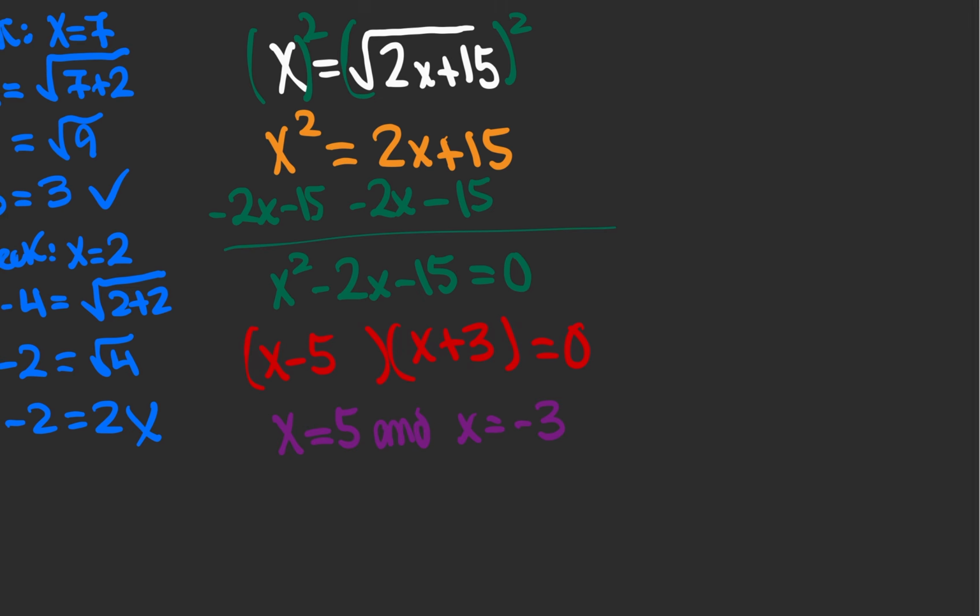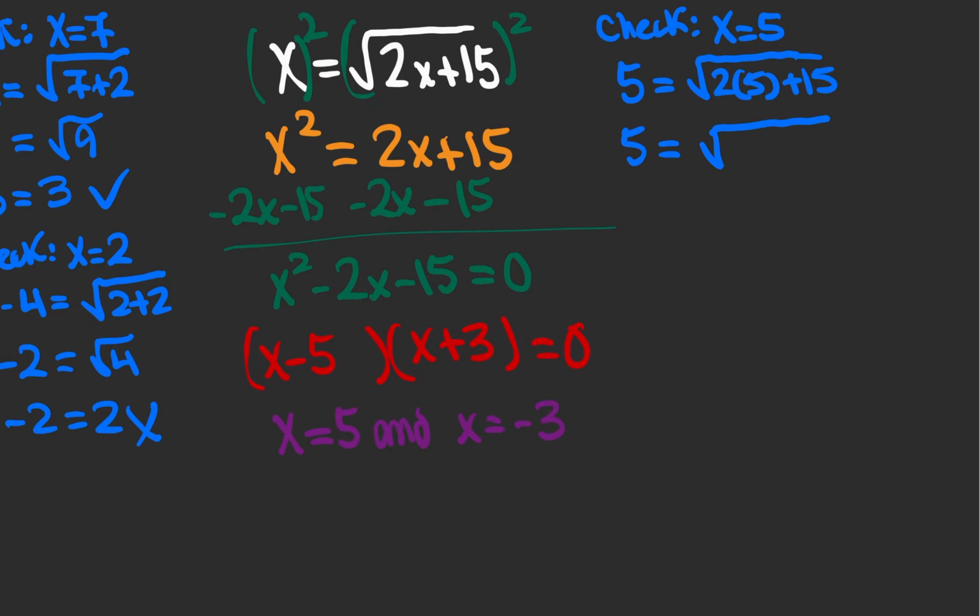And finally, we do our check. We're checking for x equals 5. So we have 5 equals the square root of 2 times 5 plus 15. This will leave me with 5 on the left is equal to the square root of 10 plus 15, which gives us 25. So we have 5 equals 5. So this one checks out.